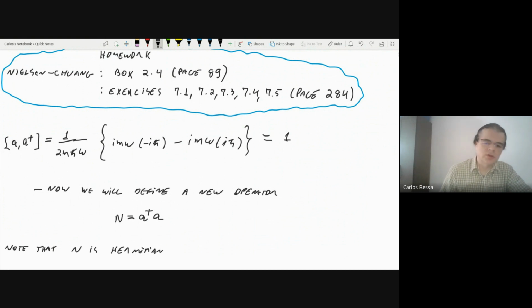This is important because the eigenvalues would be real, right?